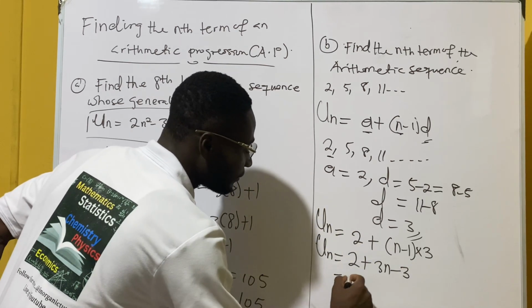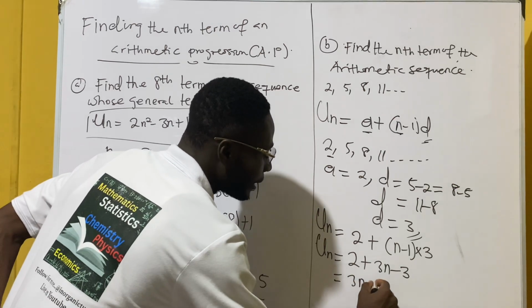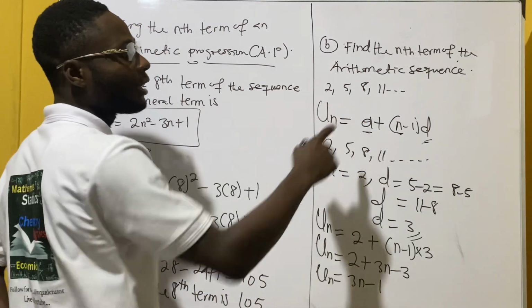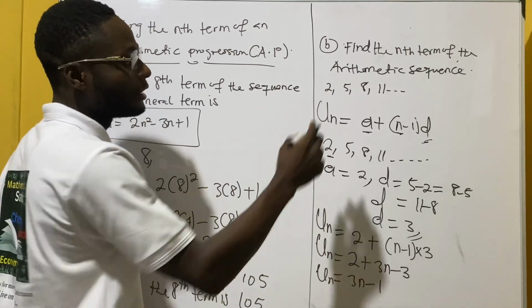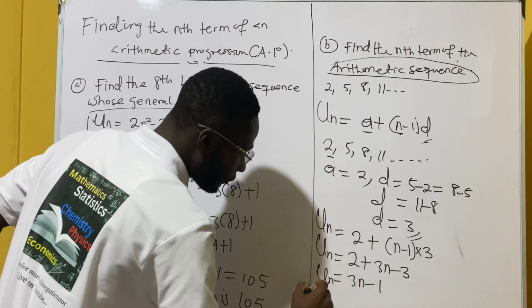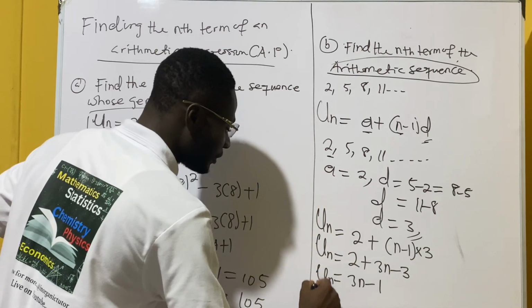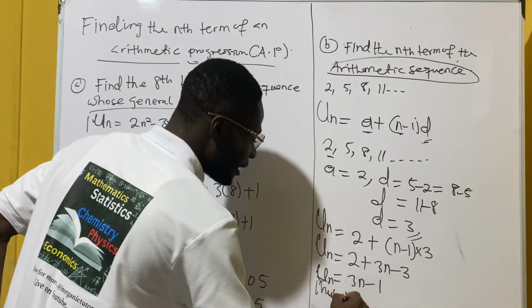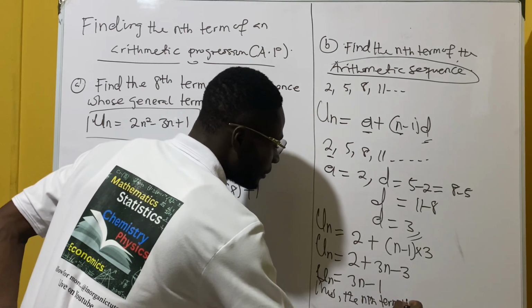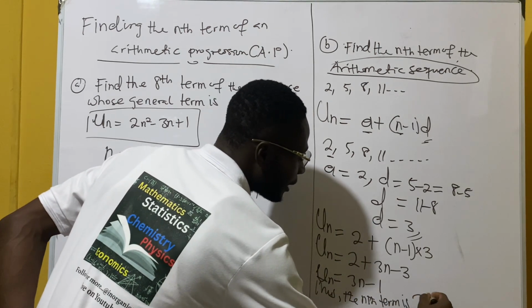So we have 3n minus 1. That is the nth term of this particular arithmetic sequence. Thus the nth term is 3n minus 1.